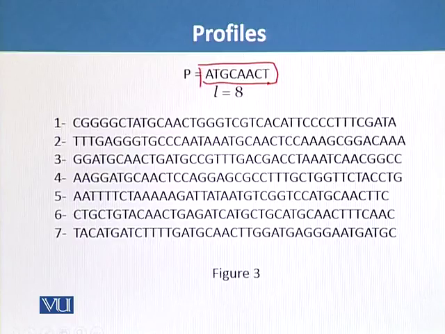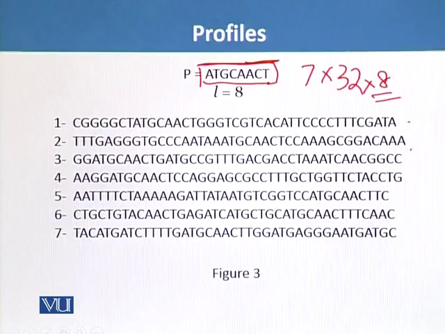The simple answer is that we will count the number of times each 8-mer, or string of length 8, occurs in the sample. We also know that the total size of the 7 strings is 280, because 7 is the number of DNAs, 32 is the number of nucleotides within each sequence, and 8 is the number of nucleotides in the pattern that is present within each DNA sequence.